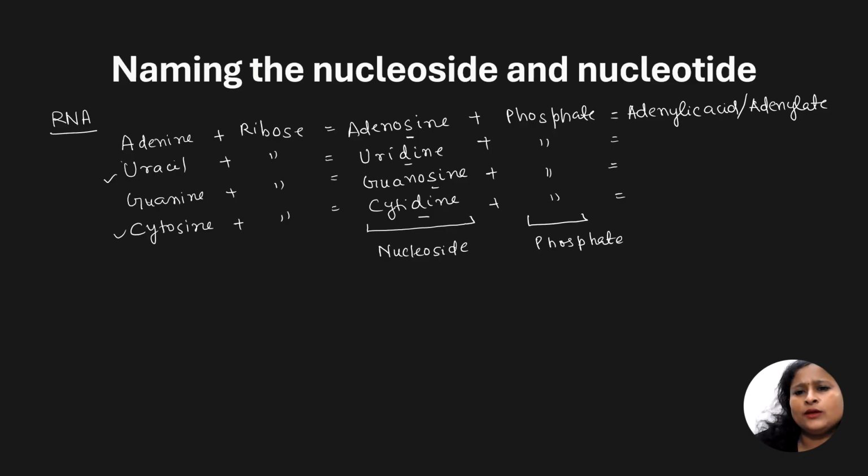Uridine plus phosphate makes uridylic acid or uridylate. Similarly, guanosine plus phosphate makes guanylic acid or guanylate.